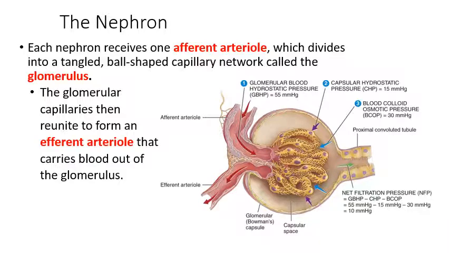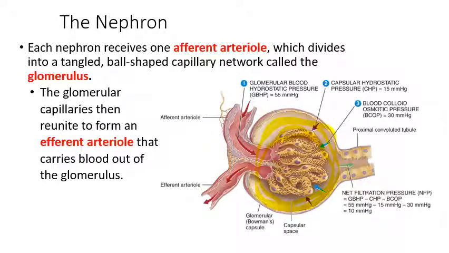Okay, so let's take a close look at what that glomerulus looks like. We mentioned that we have an afferent arteriole that's carrying blood into this structure, and we've got an efferent arteriole that's carrying blood out. But what's going on inside here is we've got this ball of capillaries that's inside this round shape here.